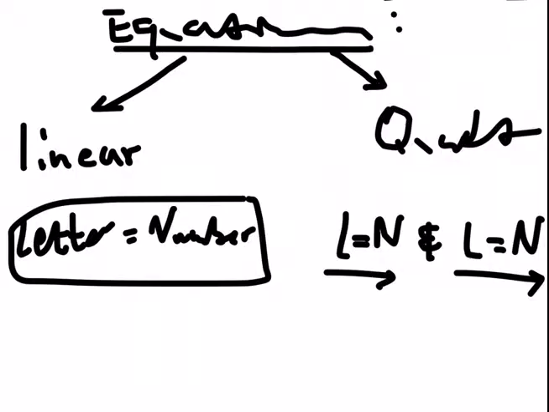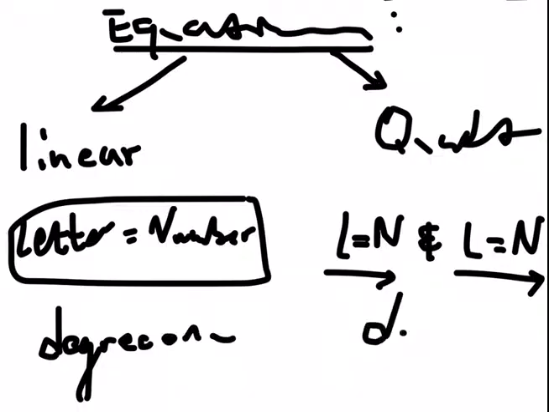But the question now is, how are you going to know if you are dealing with a linear or a quadratic? Linear is to the degree of 1. So those are equations of degree 1. I will explain that, but let me just simplify it and say degree 1.